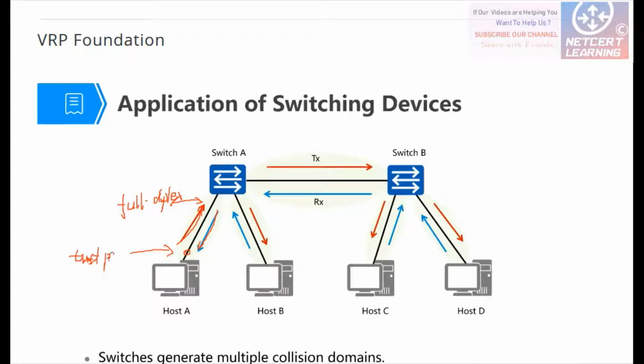Twisted pair means one cable has 8 small wires, 2 for sending and 2 for receiving. So this line can send and receive data at the same time, so full duplex is possible.